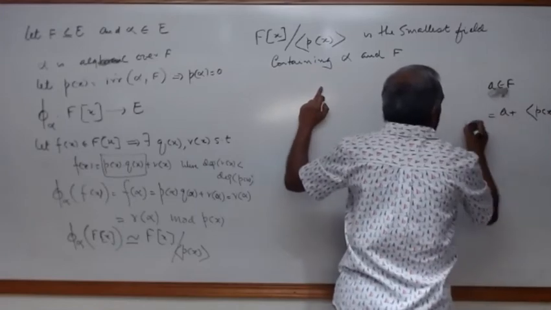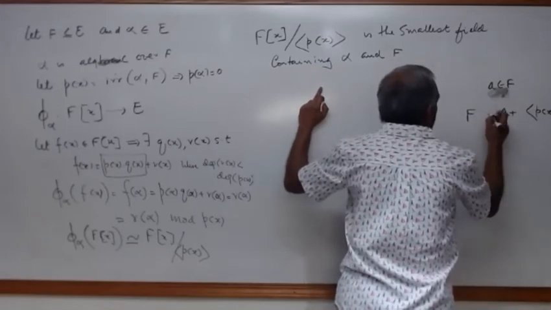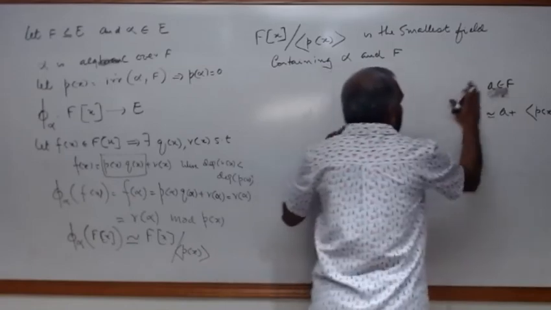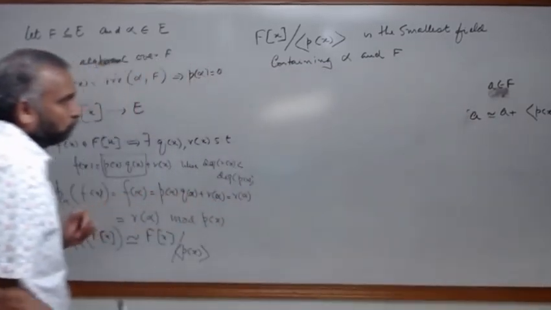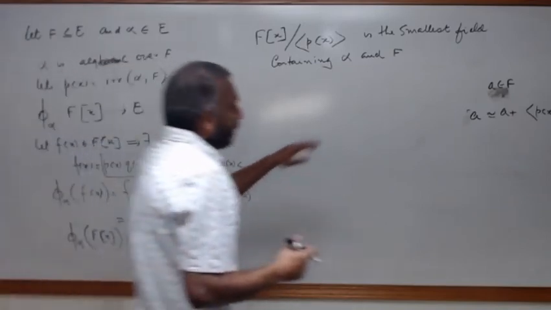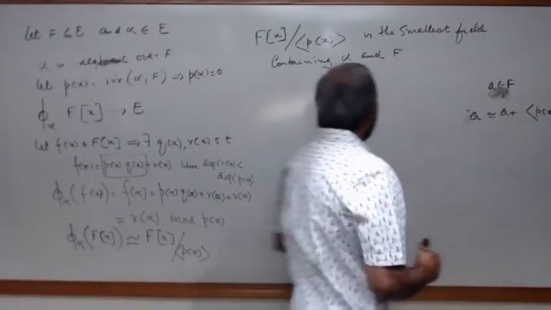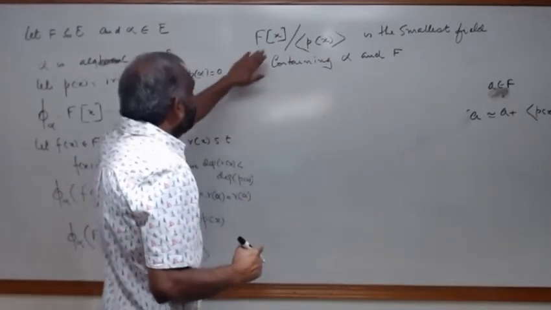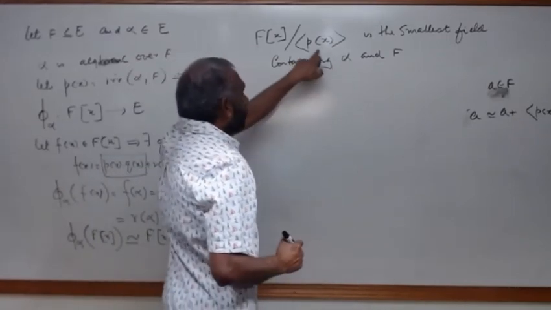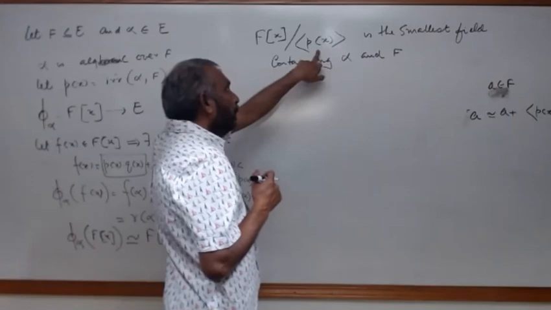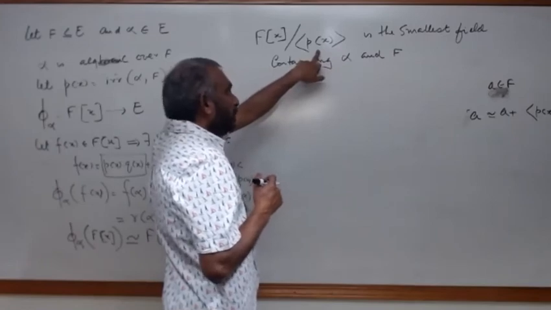So this is actually equal to f, this is actually equal to a. So every element of f is identified like this. And it contains alpha, because alpha is a 0 of P of x.